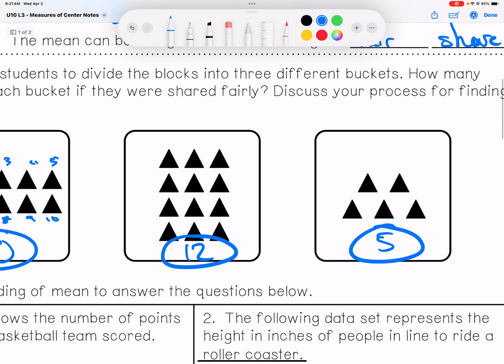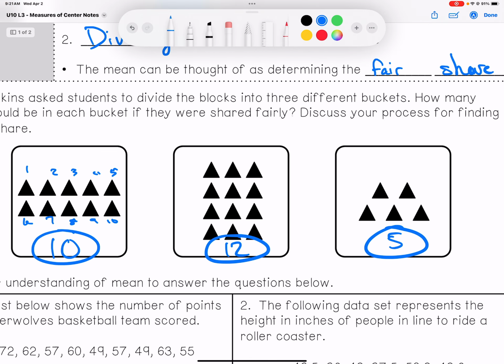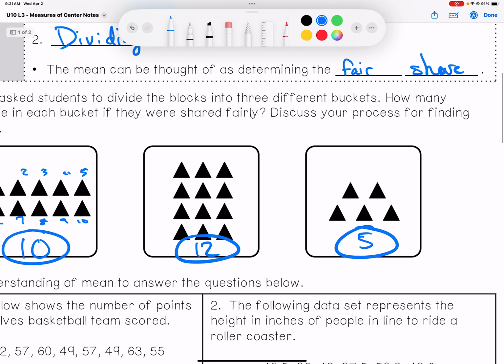So we need to find the sum of all of them. How do we do that? 12 plus 10 plus 5 is 27. So the total is 27. Divide that by how many there are, 3, and each one of them should have 9.